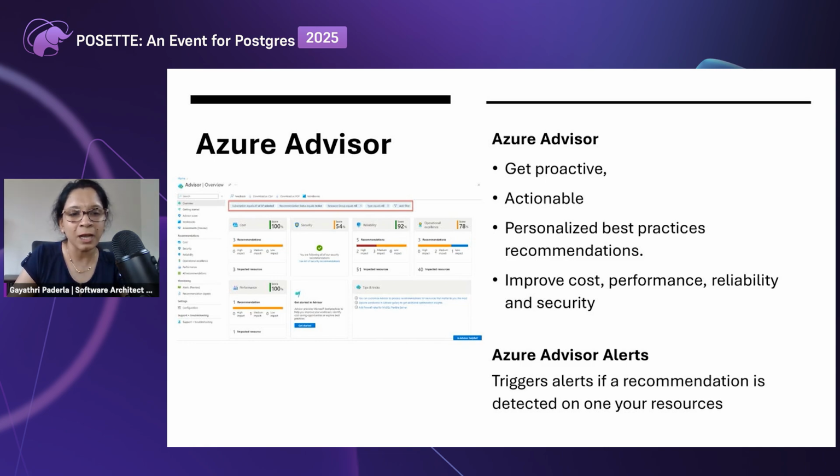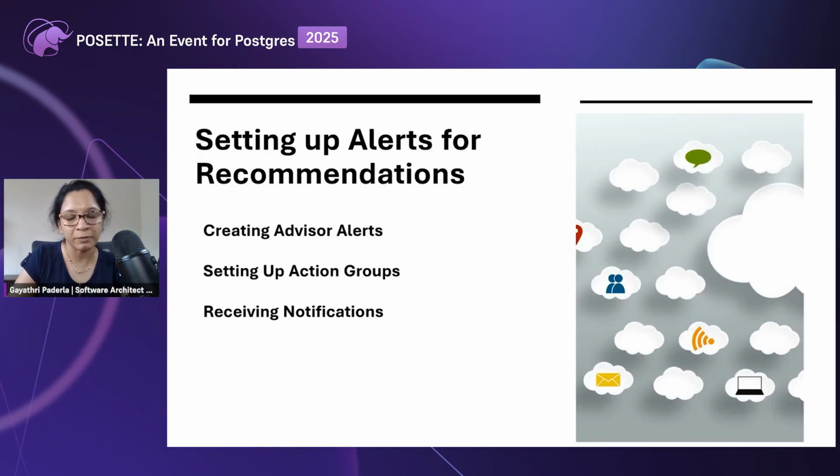Azure Advisor alerts are something you can set up based on the recommendations you receive, so that you are proactively informed by email or message about the behavior of your PostgreSQL servers.